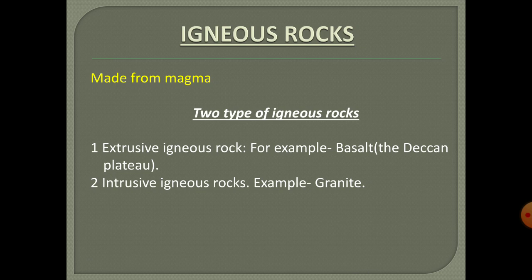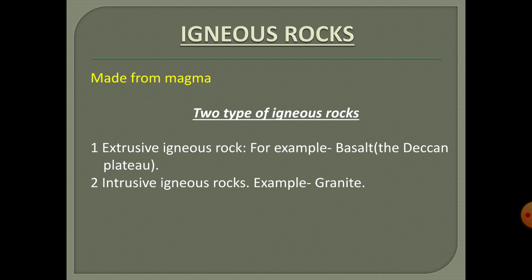Can you imagine lava coming out from volcanoes? Lava is actually fiery red molten magma coming out from the interior of the Earth onto its surface. When this molten lava comes onto the Earth's surface, it rapidly cools down and becomes solid.